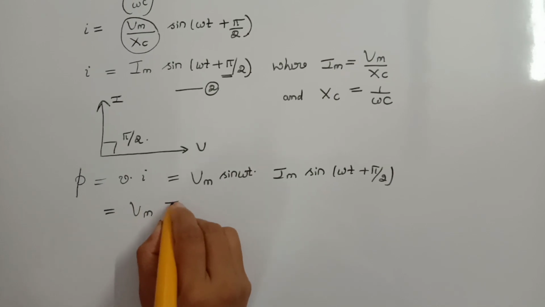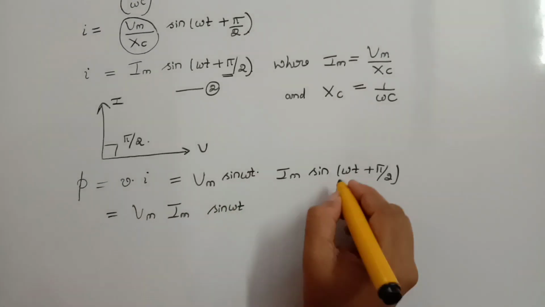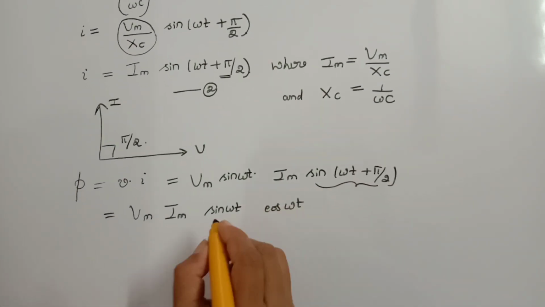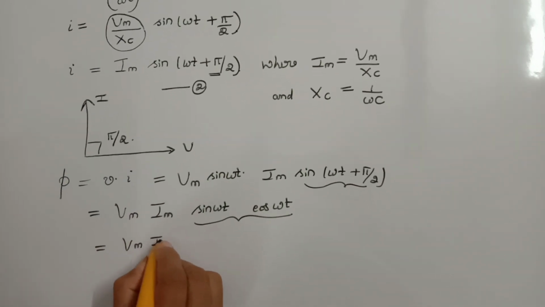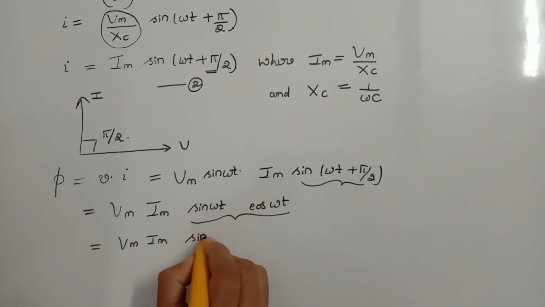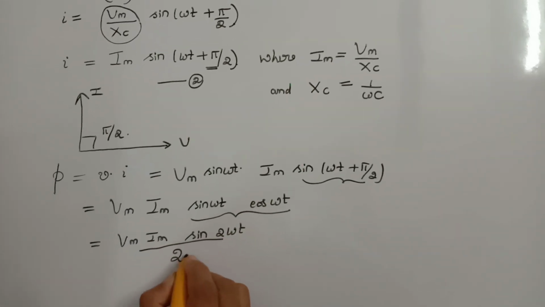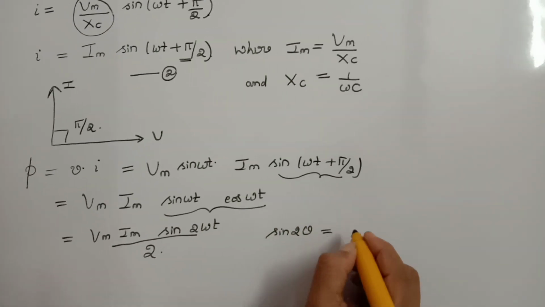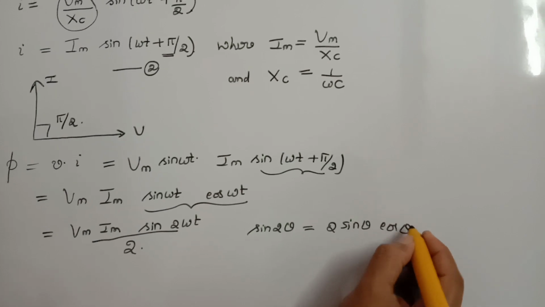This is equal to Vm Im sin ωt, and this term is nothing but cos ωt. We can simplify these two terms further, which is equal to sin 2ωt divided by 2. This is with the formula sin 2θ = 2 sin θ cos θ.